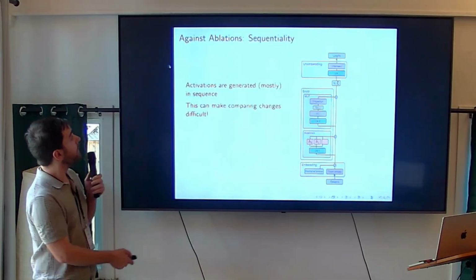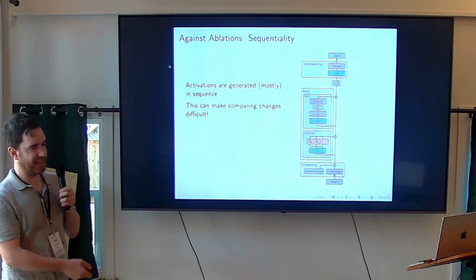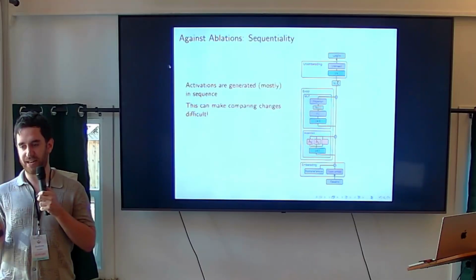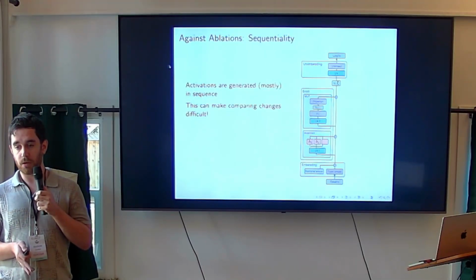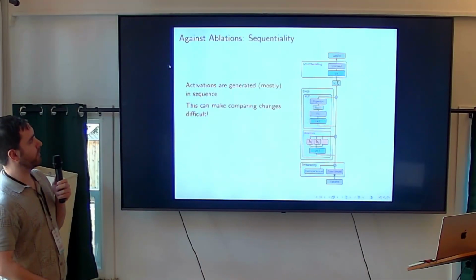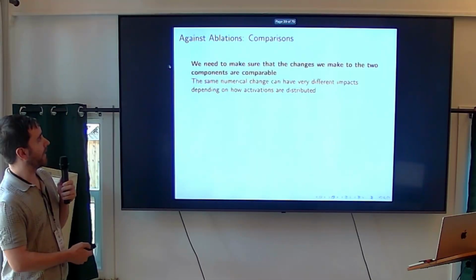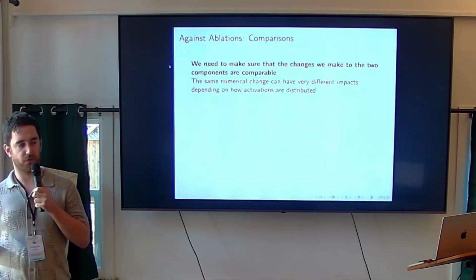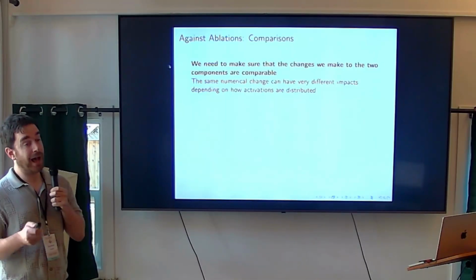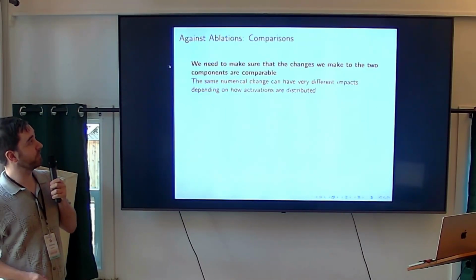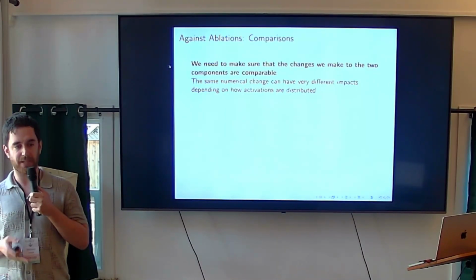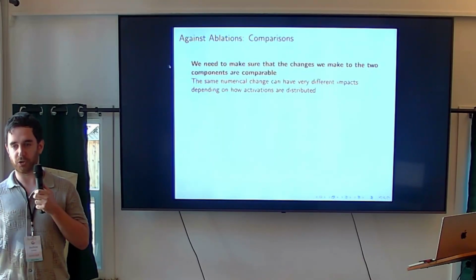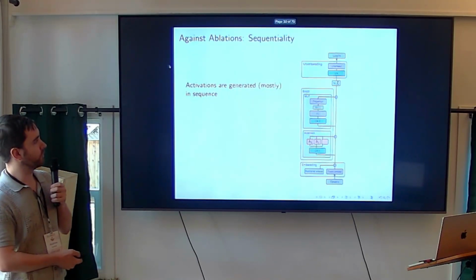There are some methods of ablation that I think could handle this well. If you took your activations and added some random noise to them, that wouldn't suffer from sequentiality. But I think it would have the same comparison issue, because we don't know how big things are and we need to adjust for that when adding the noise. I don't think resample activation has this issue of comparison, because it has a nice claim at doing the same thing in two spaces, but it struggles with sequentiality.